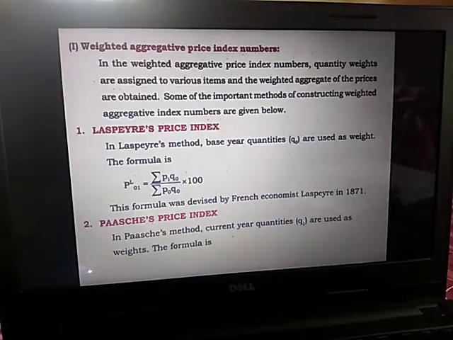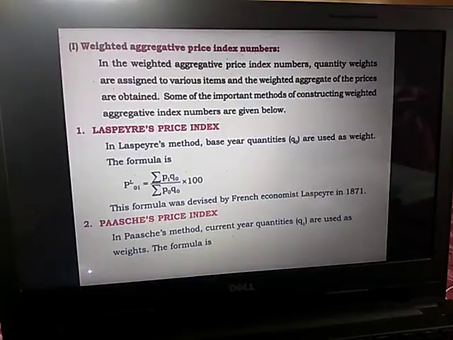You observe that the base year quantity is taken as weight. This formula was devised by French economist Laspeyres in 1871.